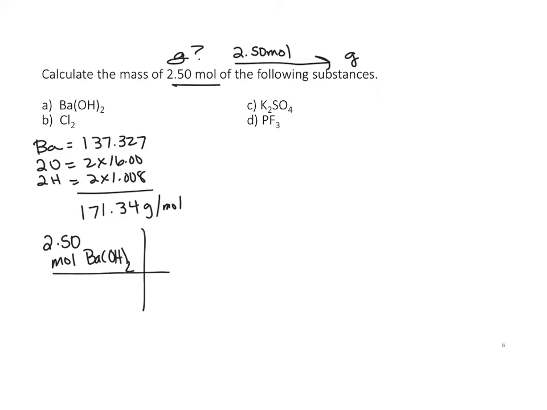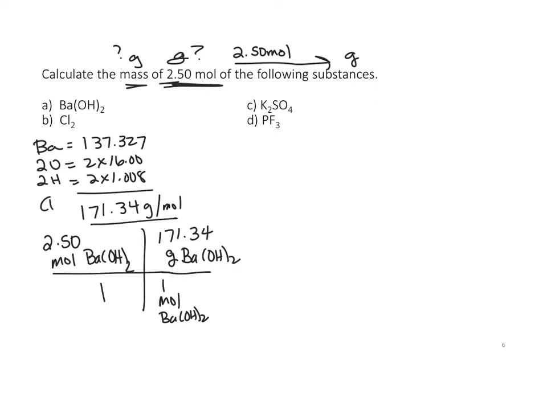And so now you can do 2.50 mole of barium hydroxide. And then you copy those letters down, mole of barium hydroxide for gram of barium hydroxide, because the mass is grams, that's what you want. This is your given, so you start here, 2.50 mole over 1. And now you put in your numbers. For 1 mole of barium hydroxide, you have 171.34 grams.